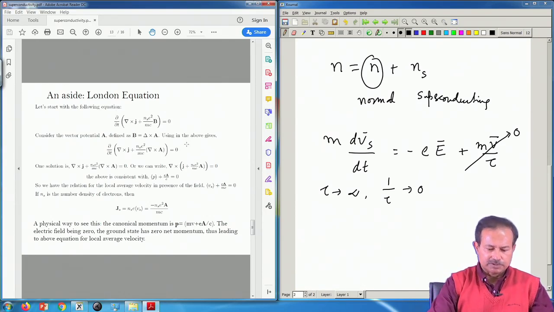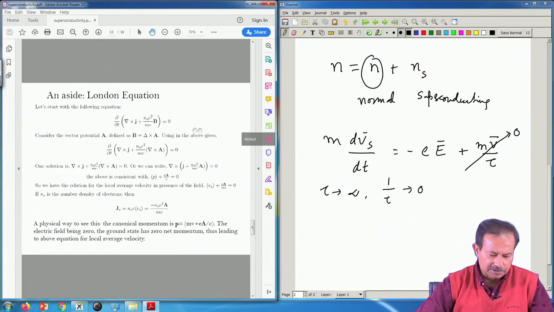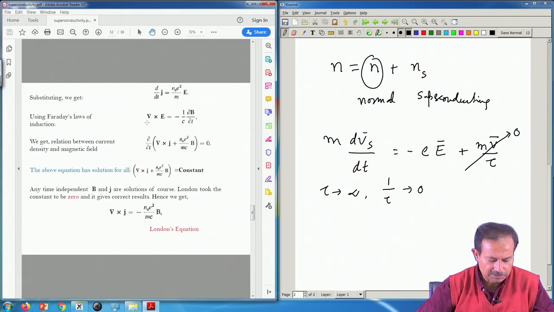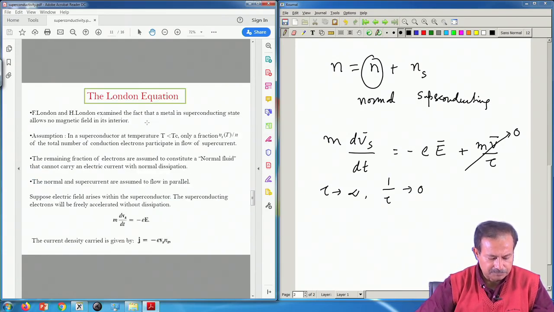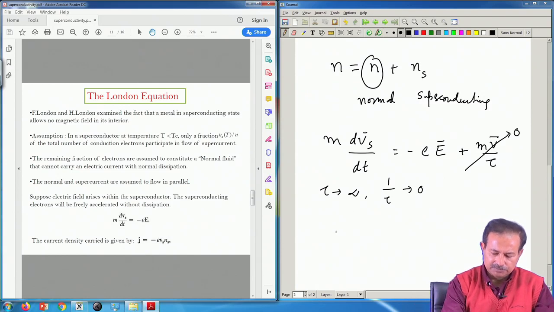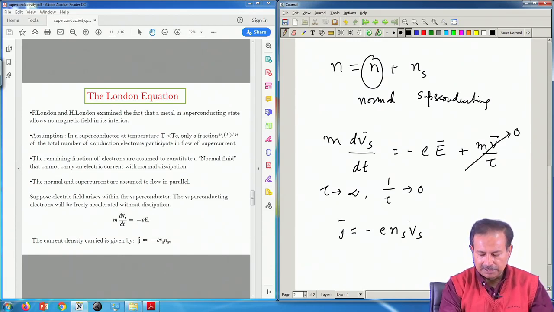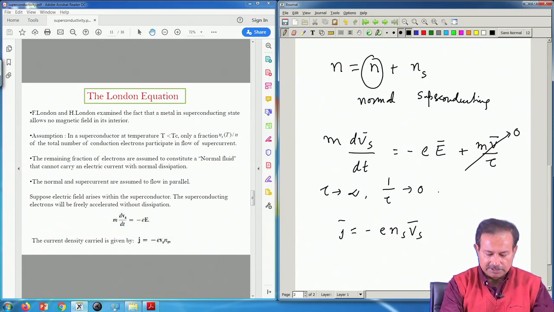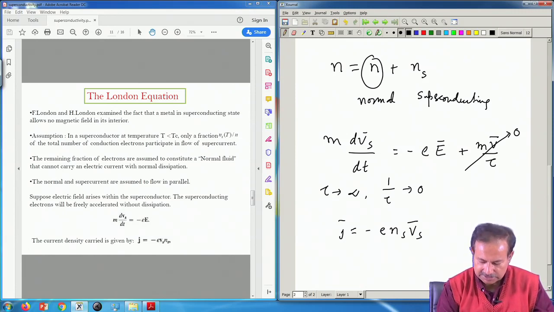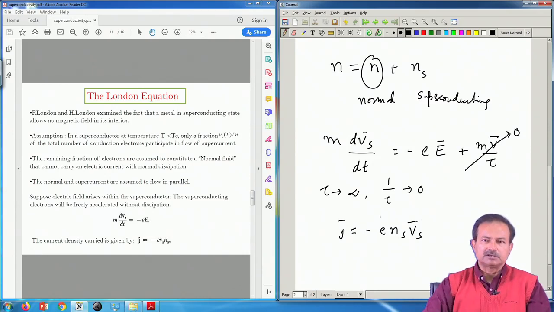Okay. So, this is where one starts from, and then of course, you can multiply v on both sides by n e to make it minus e n_s v_s. This is your j equal to n e v, basically, and so you multiply both sides by n e; the minus comes from the electric charge.